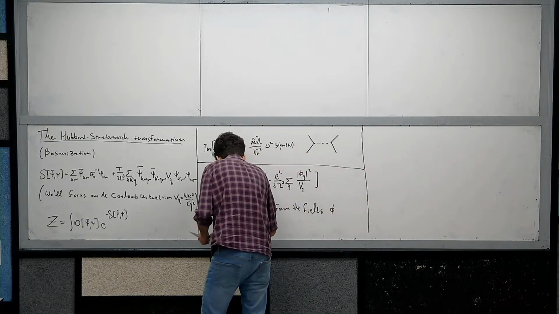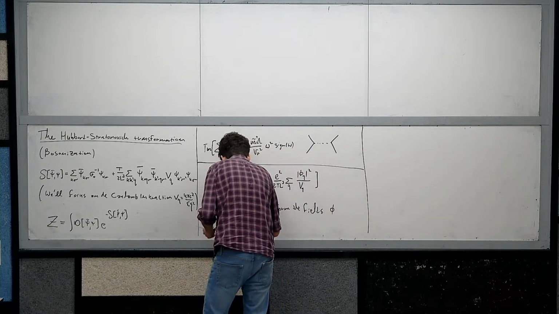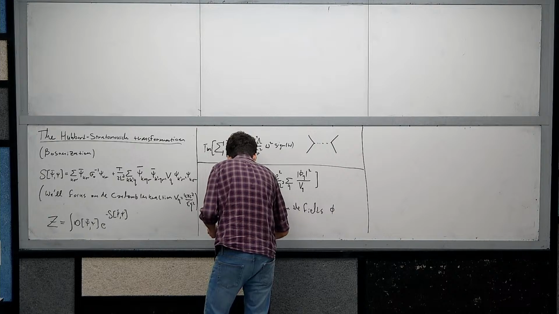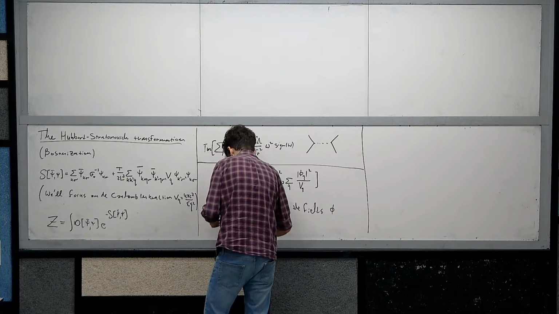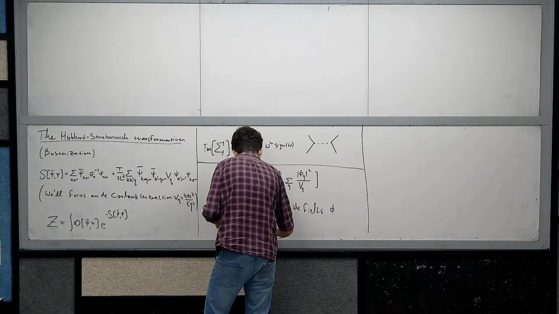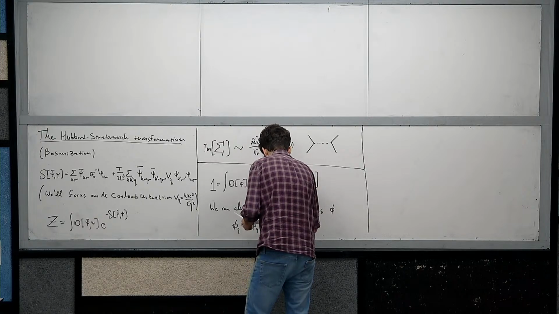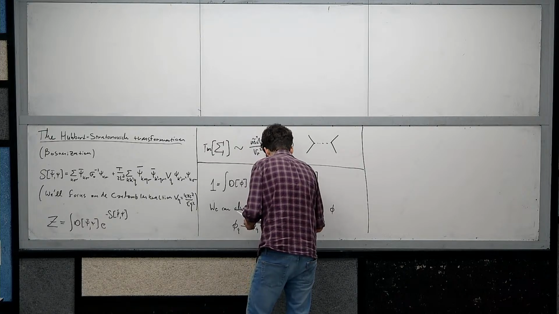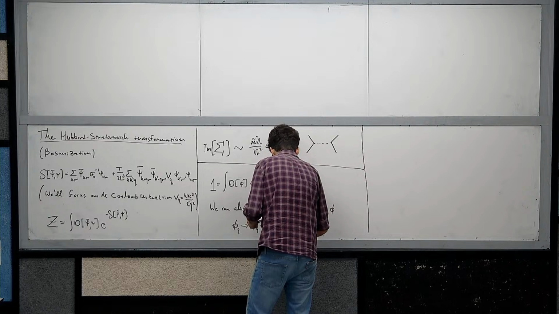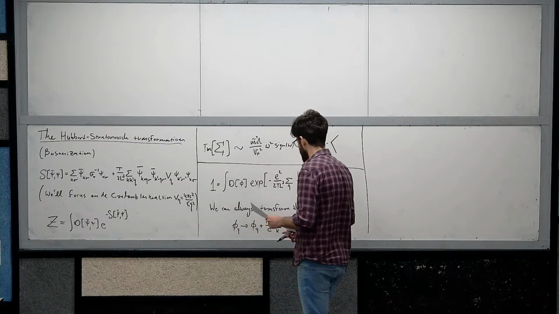You can transform phi such that phi q goes to phi q plus i t over e, sum over k psi bar k plus q psi k.